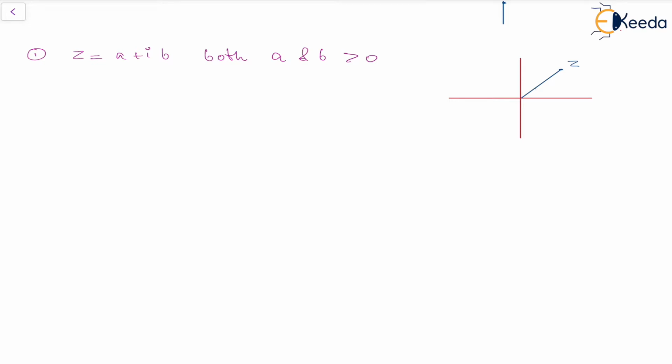In this case, this is the argument we will get. And this can be found simply by theta equal to tan inverse of b by a. And we can see that it lies in quadrant 1.